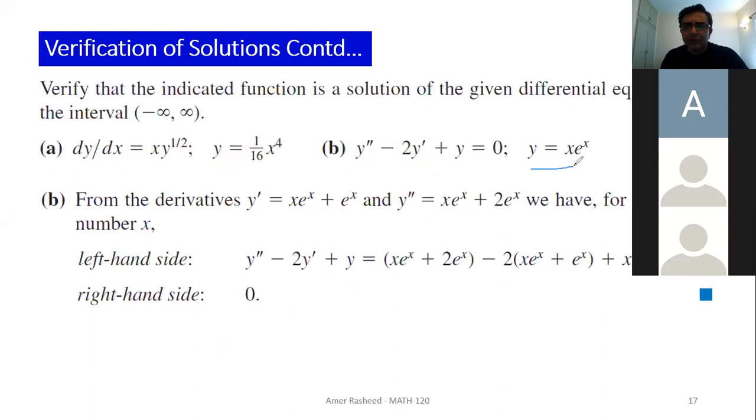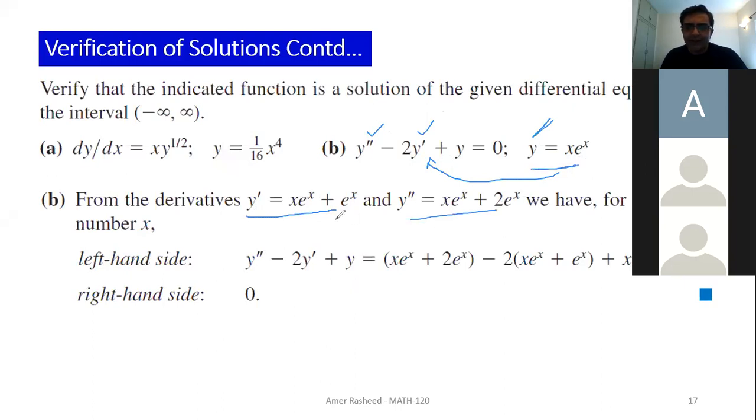So now we are going to prove that this function is a solution of this differential equation. What we do here, we take two derivatives of y, one derivative and two derivatives, because here we have the first derivative and here we have the second derivative. Taking the first derivative gives this; you use the product rule here.